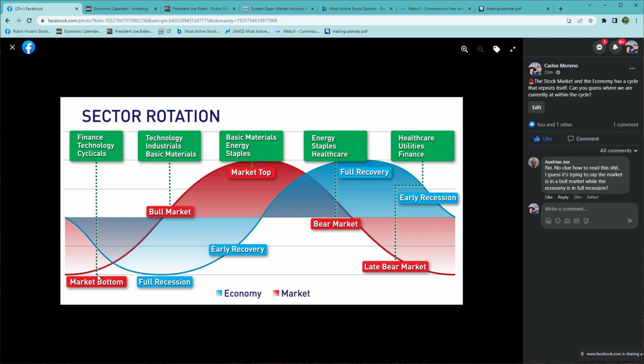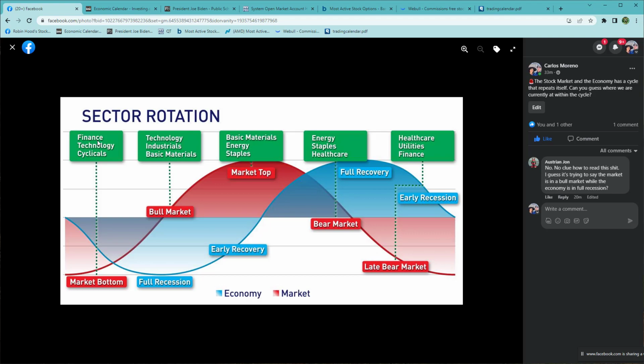As we're on the market bottom, we always want to focus on technology stocks primarily, but also start watching finance stocks like Bank of America, Wells Fargo, JP Morgan Chase. These are finding their bottom.